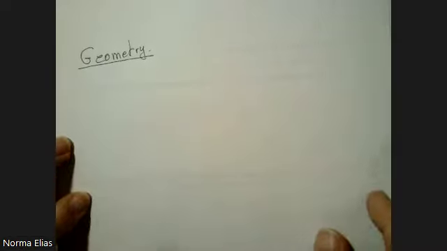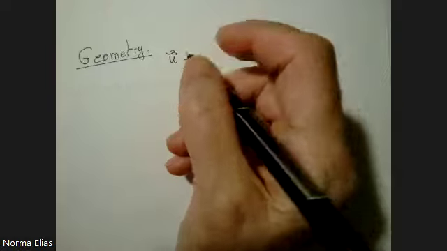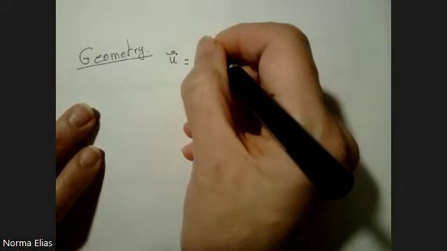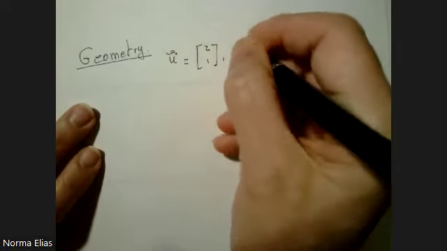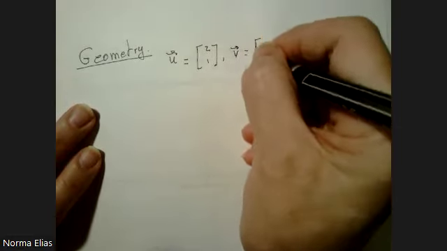Okay, so the vectors I'm going to be working with are the ones I've been working with: U is (2, 1), and V is the vector (-3, 2).